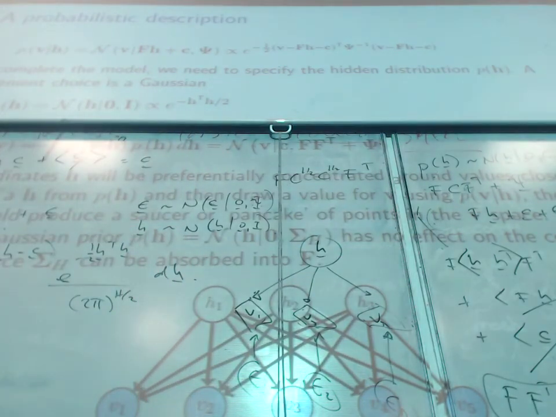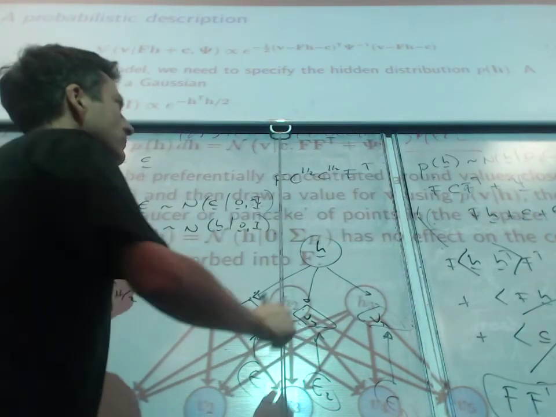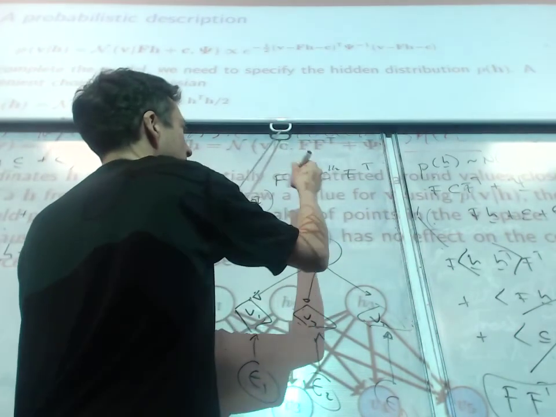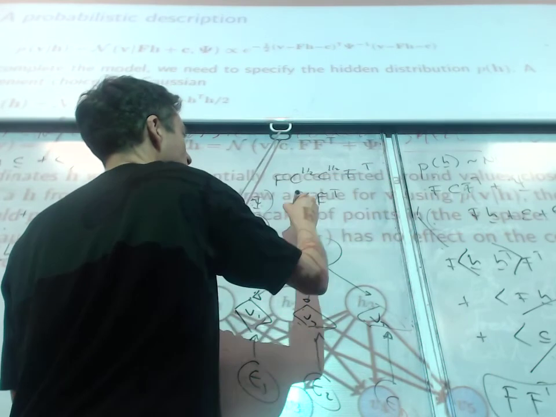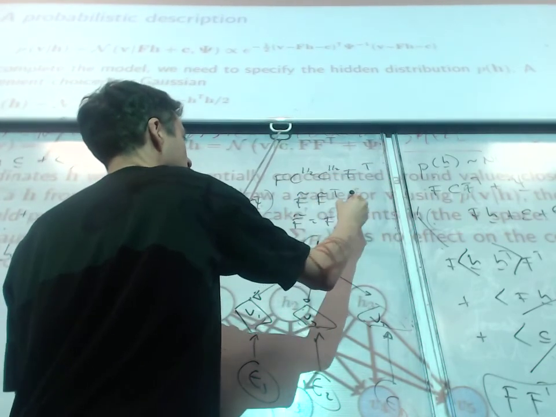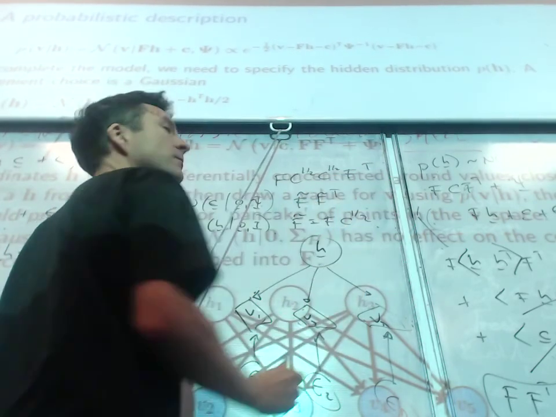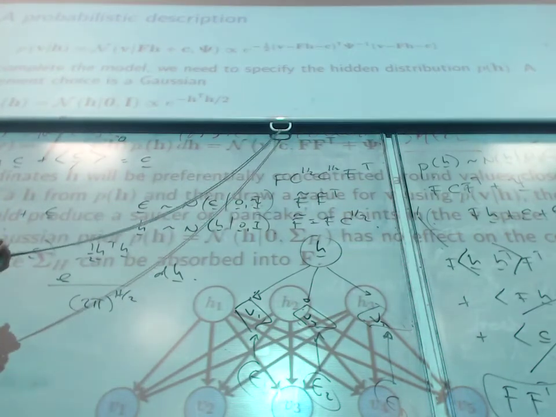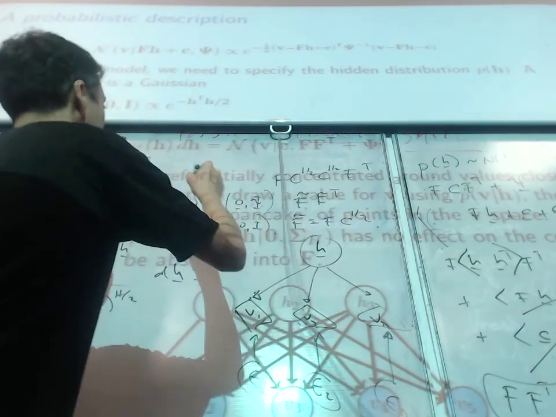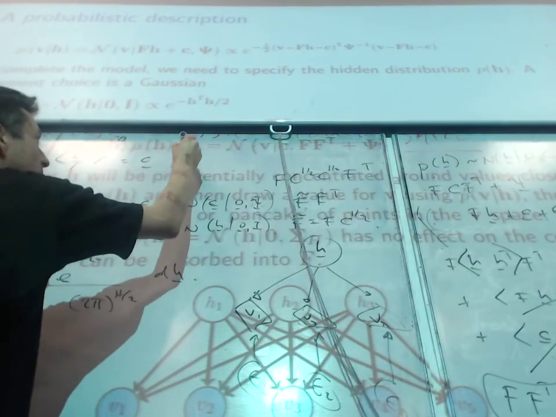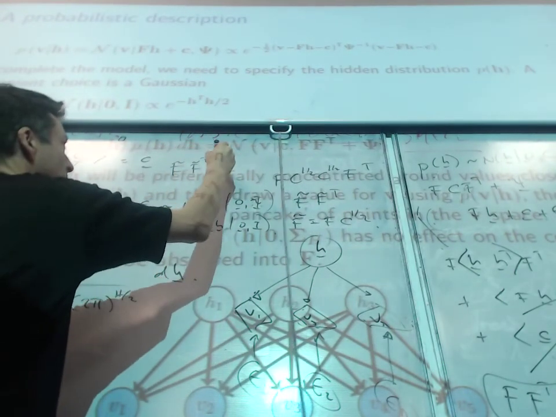Well, C is symmetric, so I could call this F tilde F tilde transpose, where F tilde is equal to F times C to the half. And it's the same, right? So the whole covariance matrix of V would be of the form F tilde F tilde transpose plus psi.